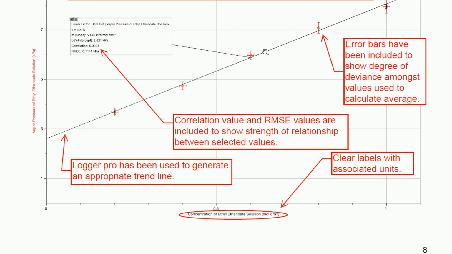The student does an excellent job of also showcasing the correlation coefficient and the root mean square value for this correlation. Because the correlation is above 0.95, we can conclude that there is a strong positive correlation between the concentration of ethyl ethanoate and the corresponding vapor pressure that is measured in this investigation.